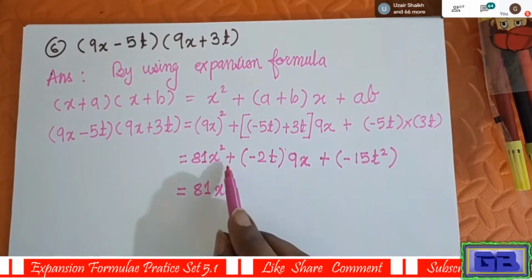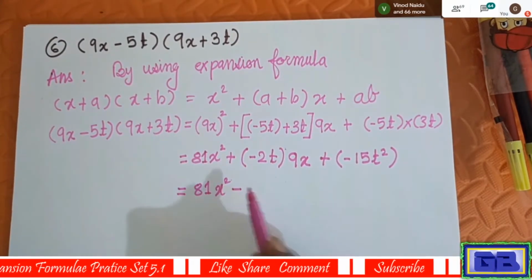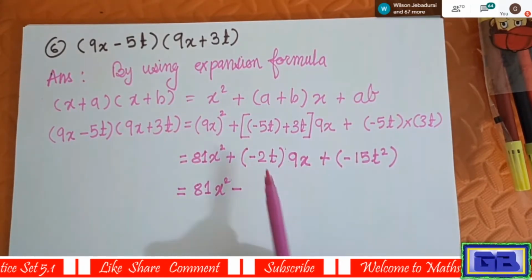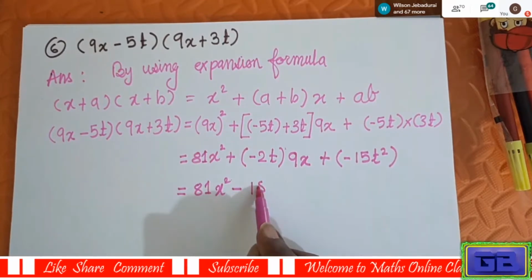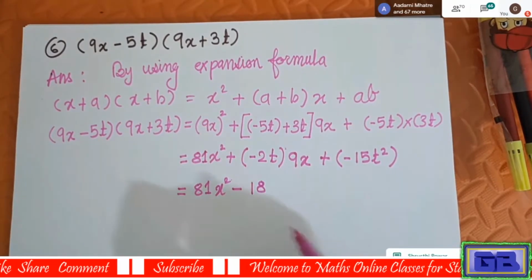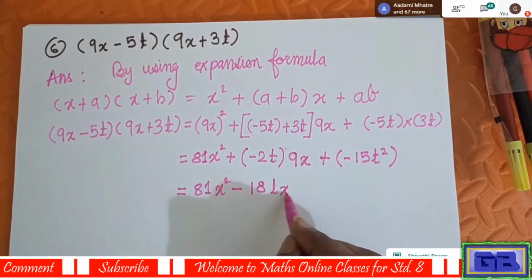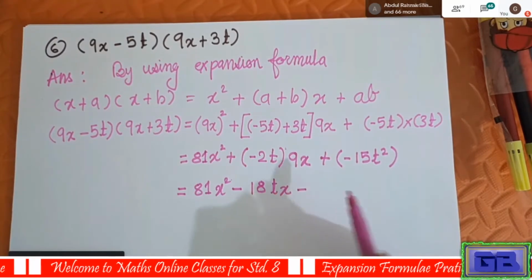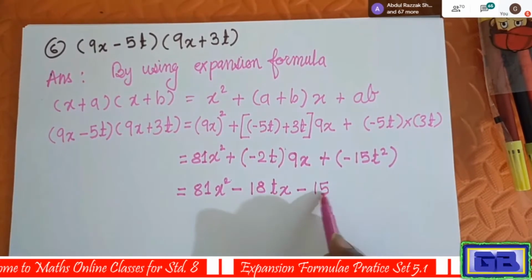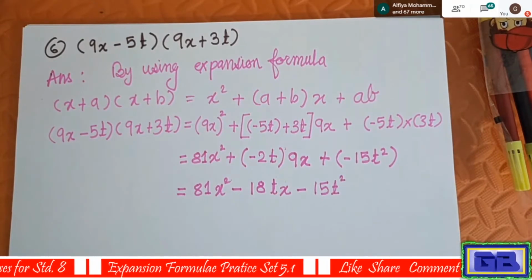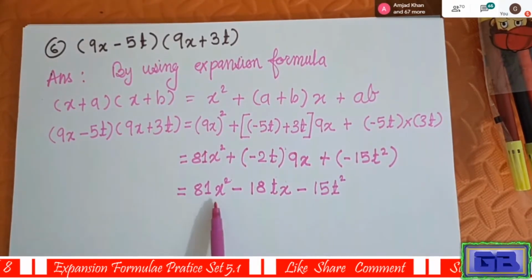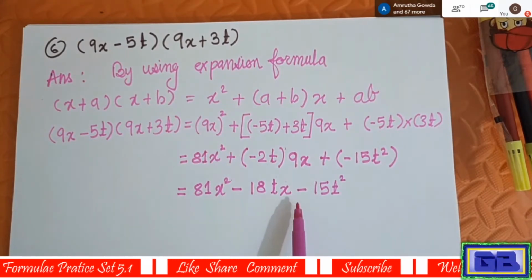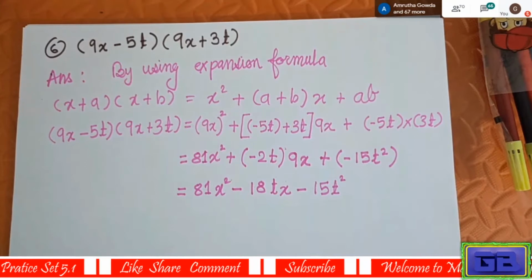Positive into negative, here negative. Now again multiply these two terms, 9 twos are 18, t multiplied by x, tx. Again positive into negative, negative 15t². Therefore this answer is 81x² − 18tx − 15t².